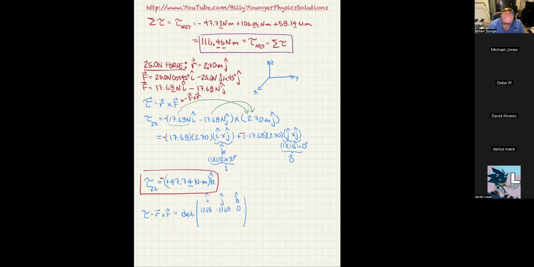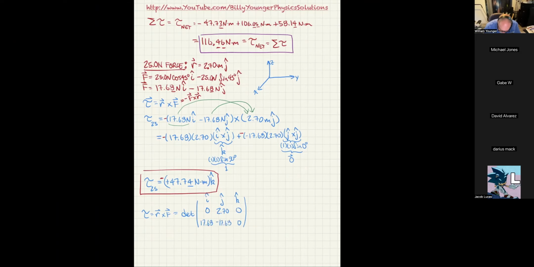So in this case, now we see that the torque did come out to be what we expected, and you can see how you're going to report it here. I need to put R as the first vector, not F, and what I've done here is put F as the first vector. So R as the first vector would be putting a 0 here, a 2.70 here, and a 0 there, and then a 17.68 there, and a negative 17.68 there, and a 0 there.